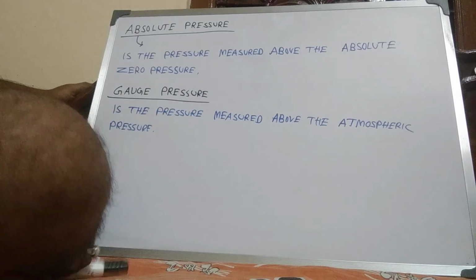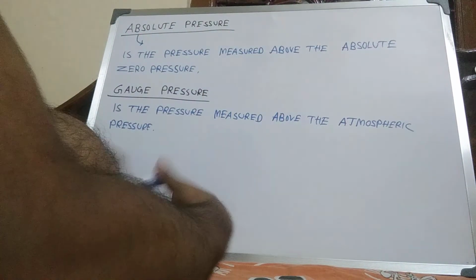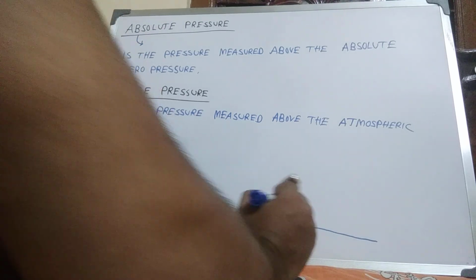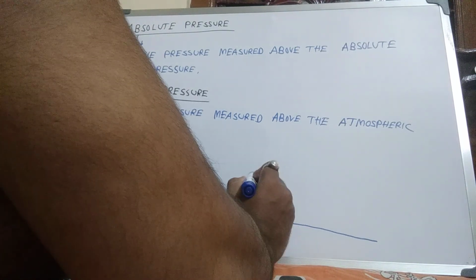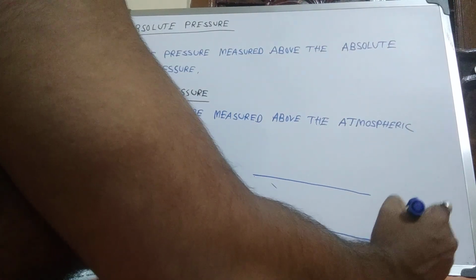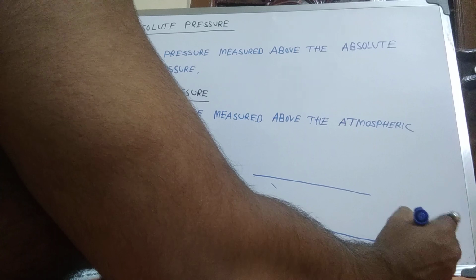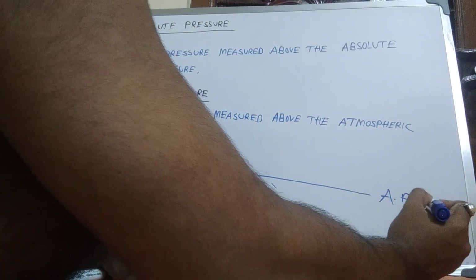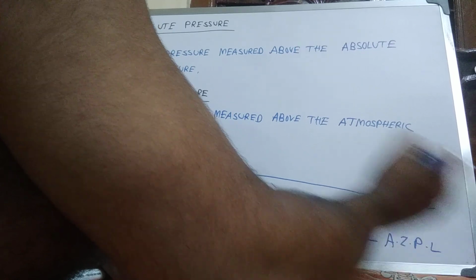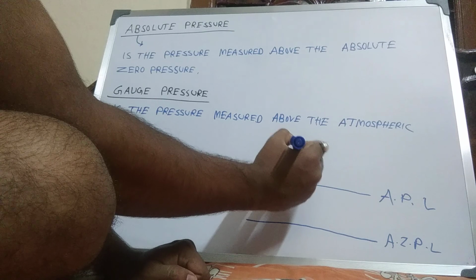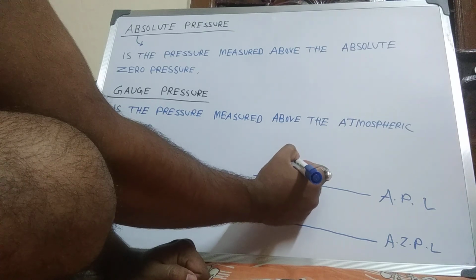Now first, this is the absolute zero pressure line. This is the atmospheric pressure line, the atmospheric zero pressure line.